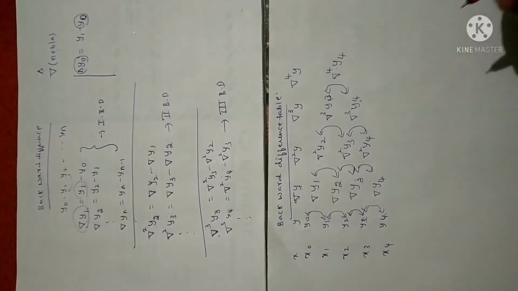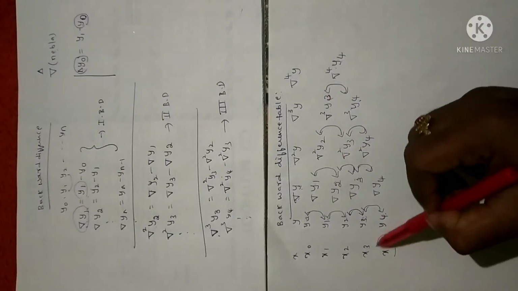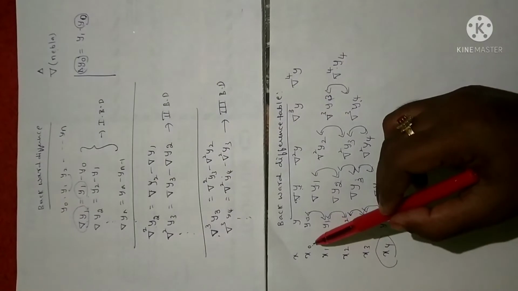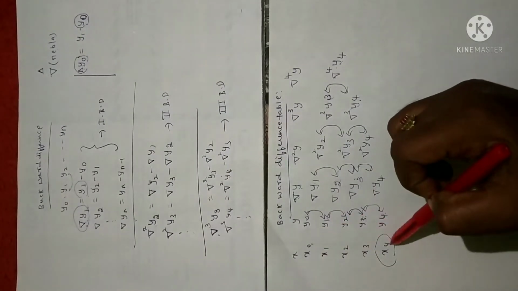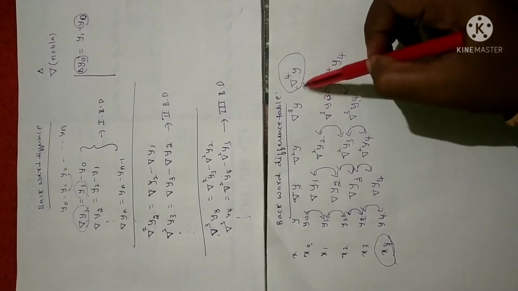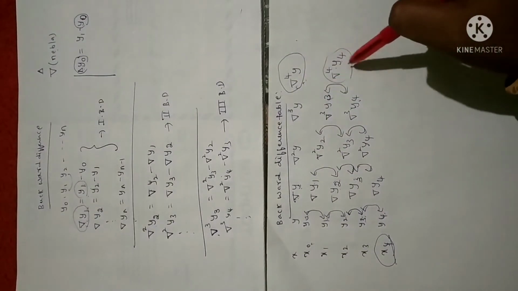So I am going to write that. Remember, all the values start from x0. So if the values are starting from x0 and ending at x4, you are going to get only the fourth difference. You cannot get a fifth difference, as you have only one term here.